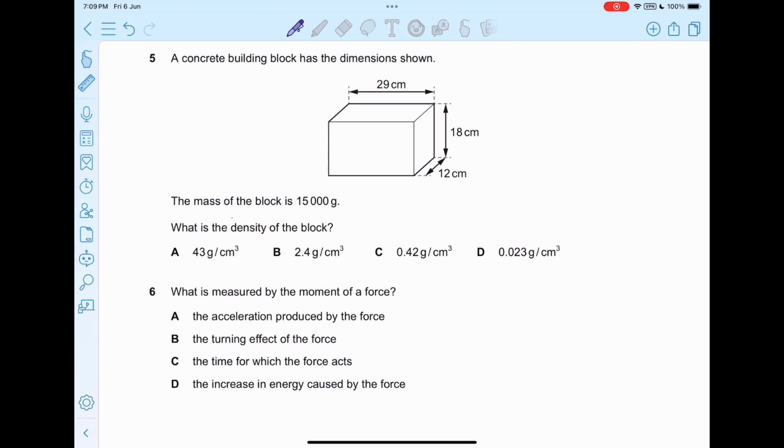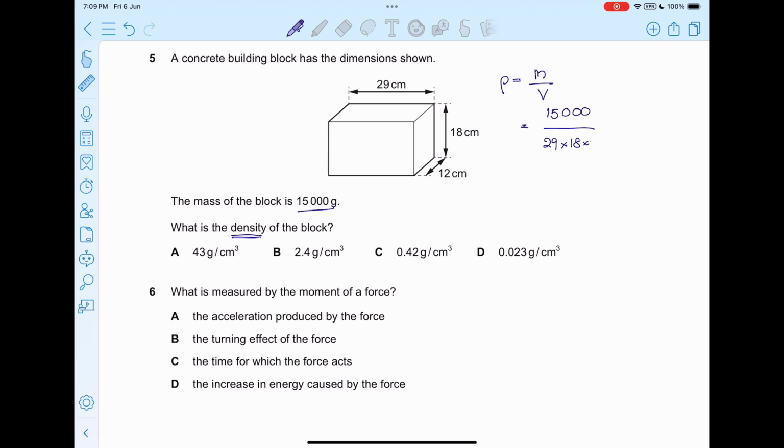So density, rho, is equal to mass divided by volume. The mass is given, 15,000 grams, so we divide that by the volume. The volume is 29 into 18 into 12.